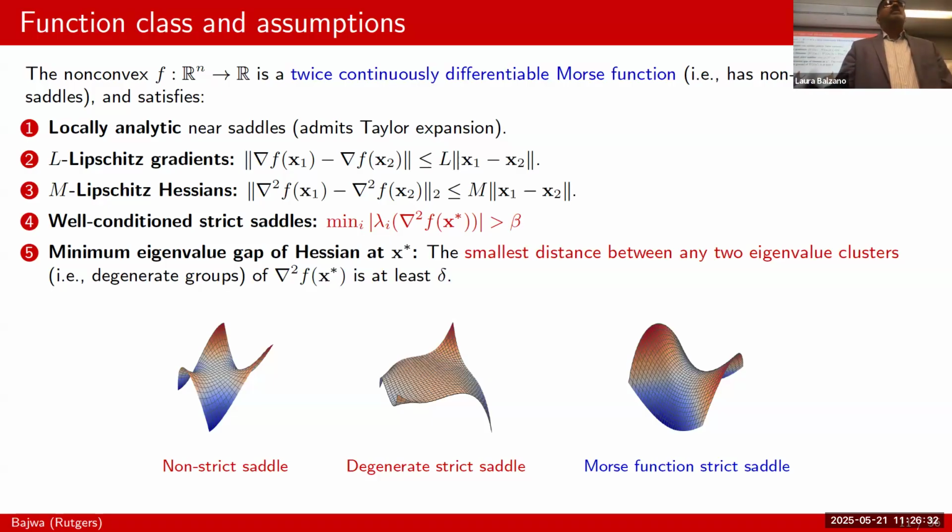So fundamentally, we have a locally analytic function with strict saddles, Lipschitz gradients, smooth Hessians, and the smallest eigenvalue of the Hessian is bounded away from 0.